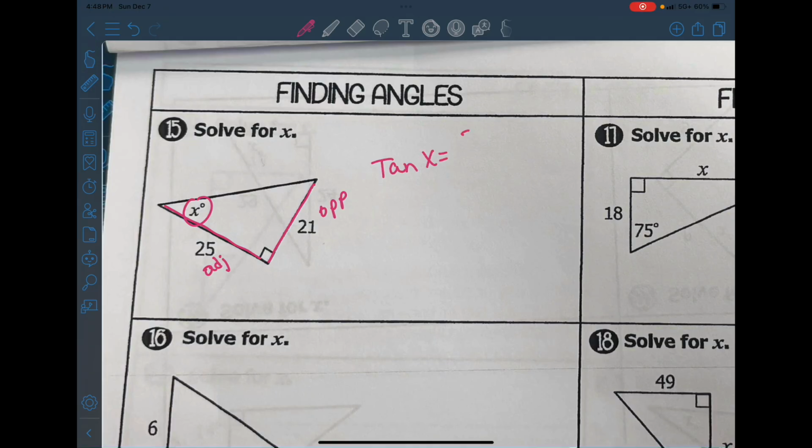And it is opposite over adjacent. So we're still going to use our second button. This still could be called arctan, like arcsine, arccosine, arctangent, or the inverse tangent. So in your calculators, you're going to put second tangent of 21 divided by 25, and you're going to get 40 degrees.